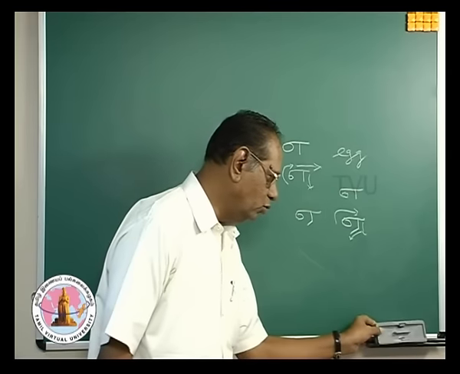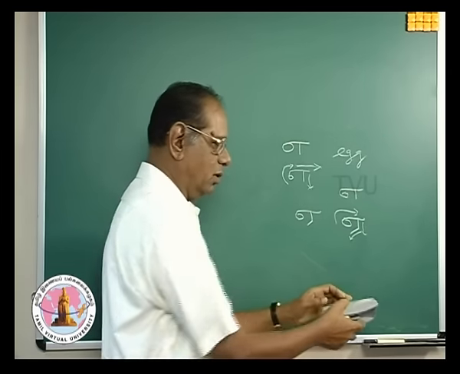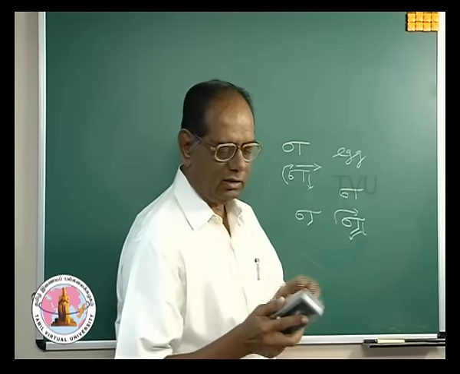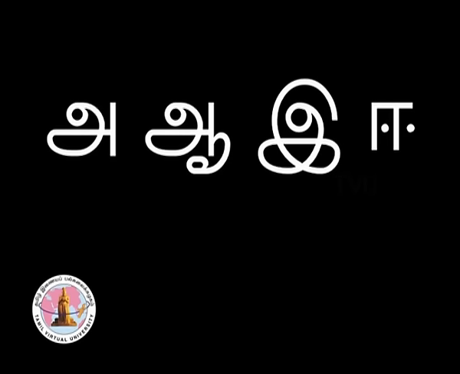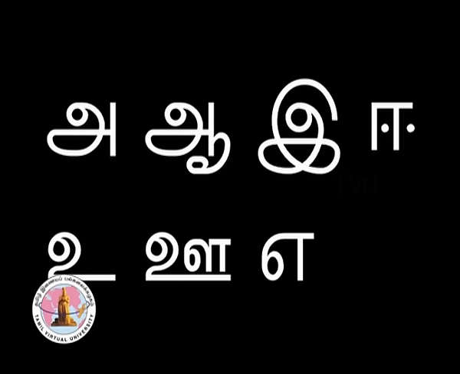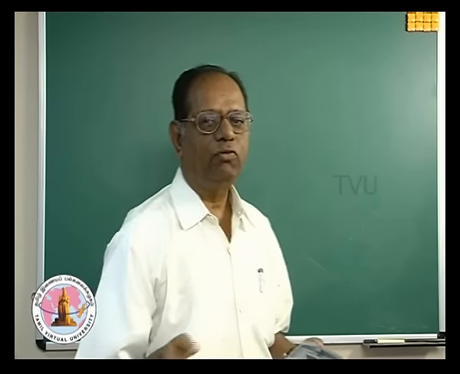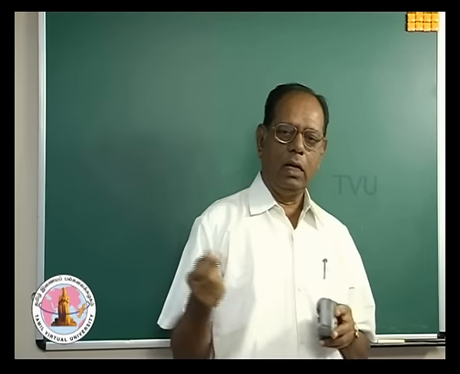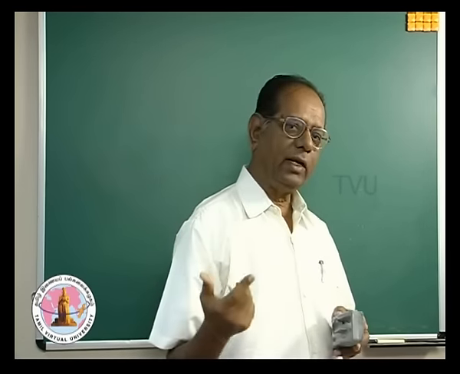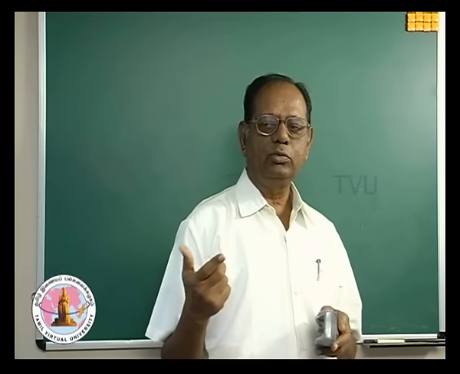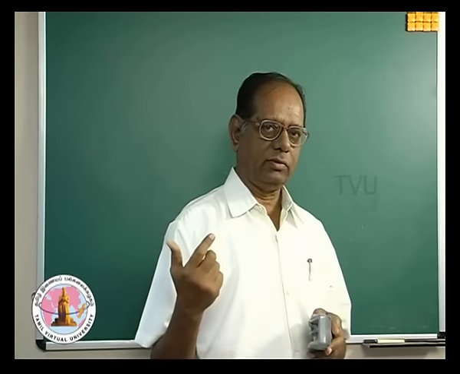These are the two letters which follow the first six, that is A, I, U, U, A and A. Here you will find the first four letters happen to be the back vowels.